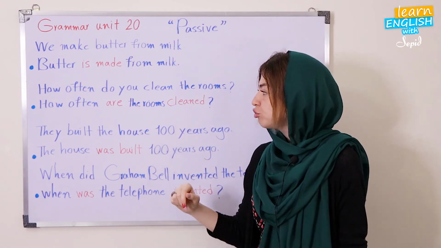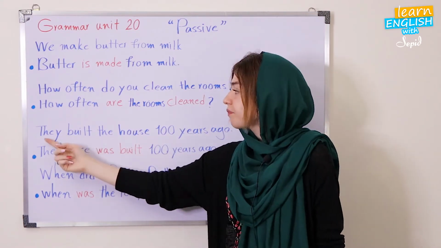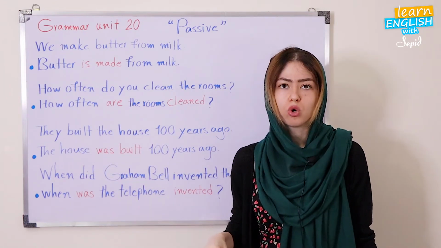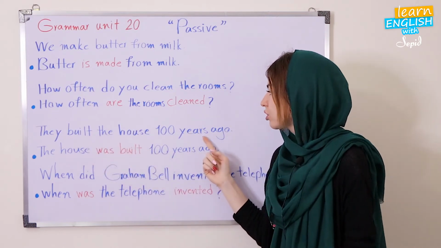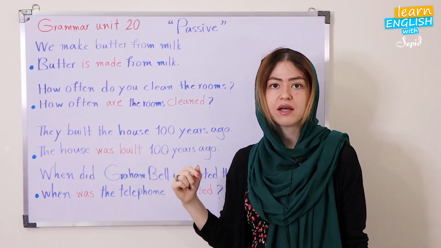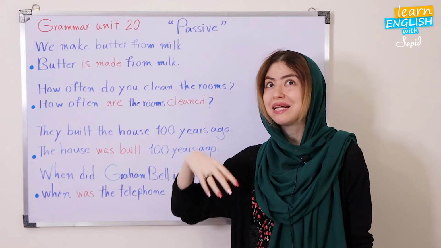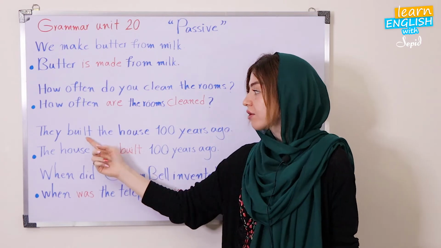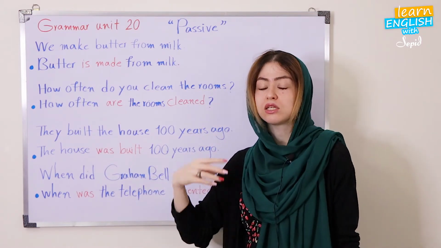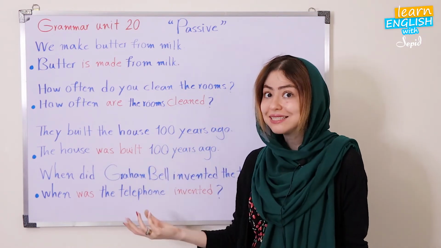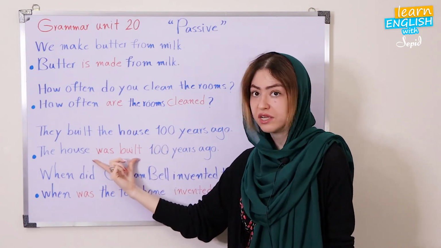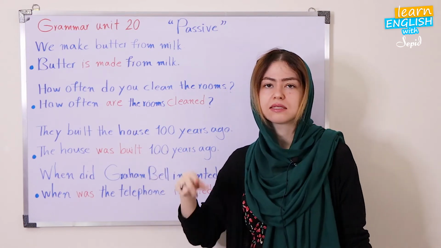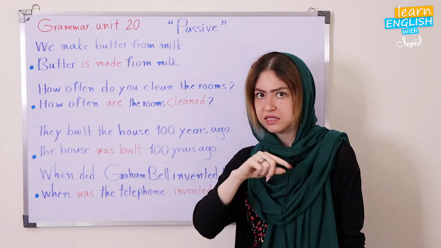So let's go to the next sentence. They built the house 100 years ago. Here we are just talking about the house and that they built it 100 years ago. If we want to change the sentence into passive form, we need the passive voice in simple past tense: was or were plus past participle.